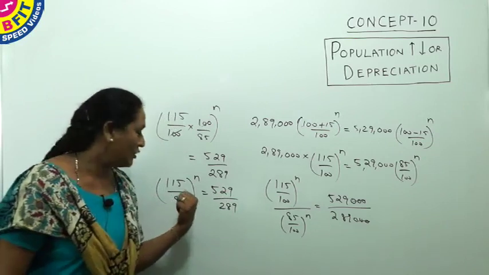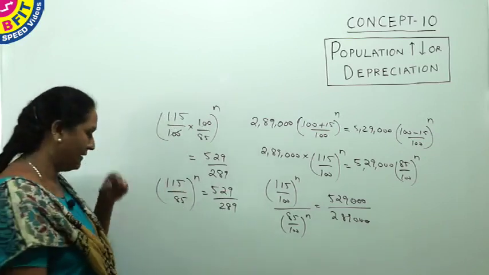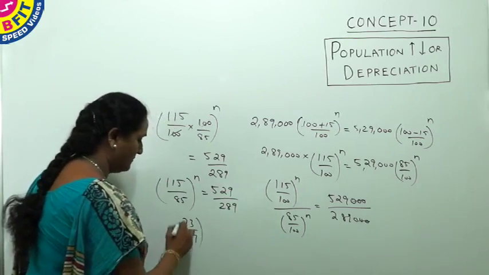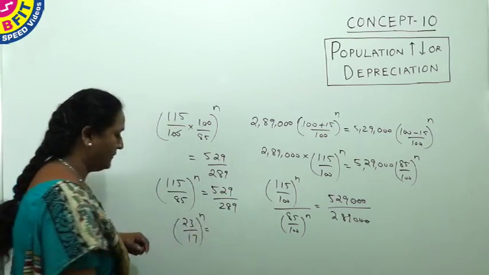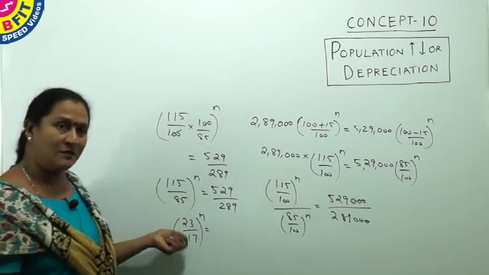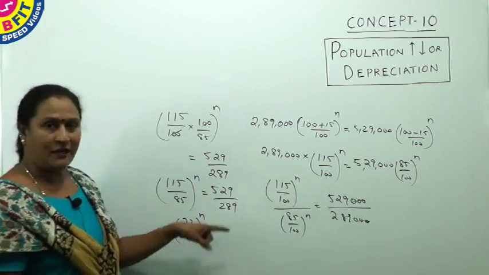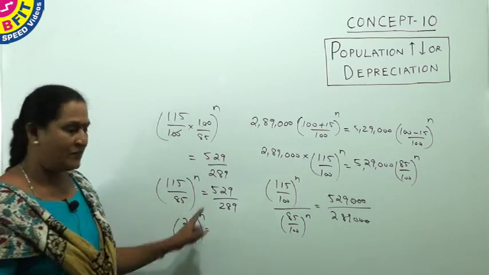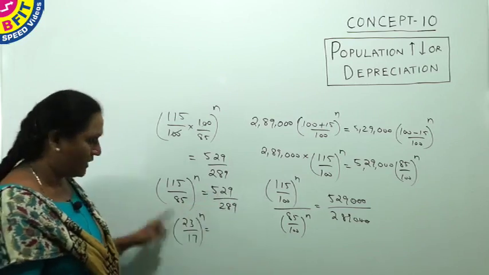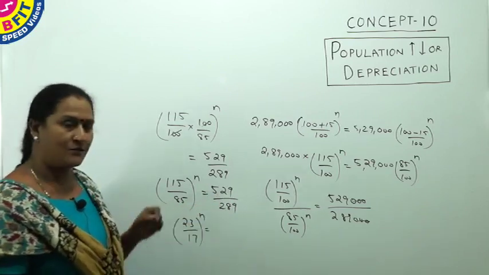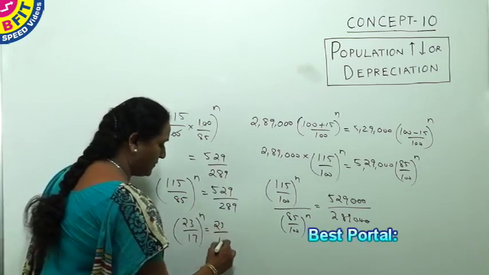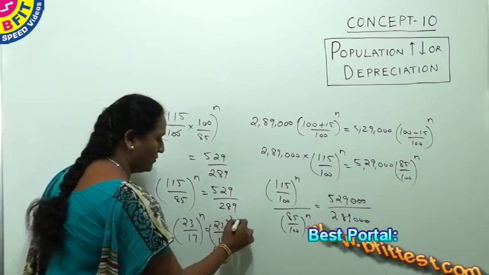Here we have the common factor 5. Simplifying, it is 23 by 17, the power n. 23 and 17 are both prime numbers and it can't be simplified further. On the right hand side, it should be a power of this fraction. When you check, 529 is the square of 23, and 289 is the square of 17. So this can be written as 23 by 17 the whole square.